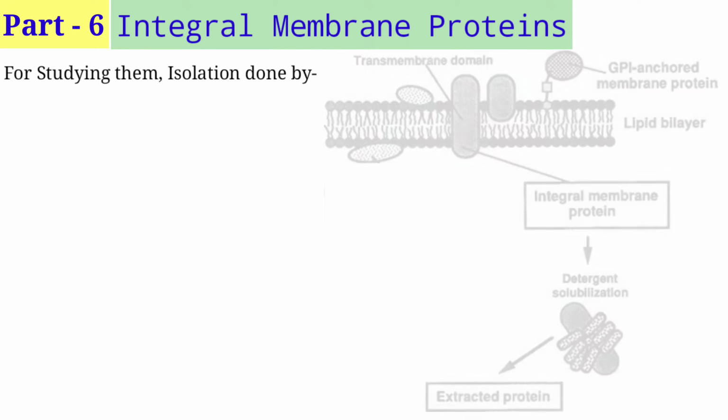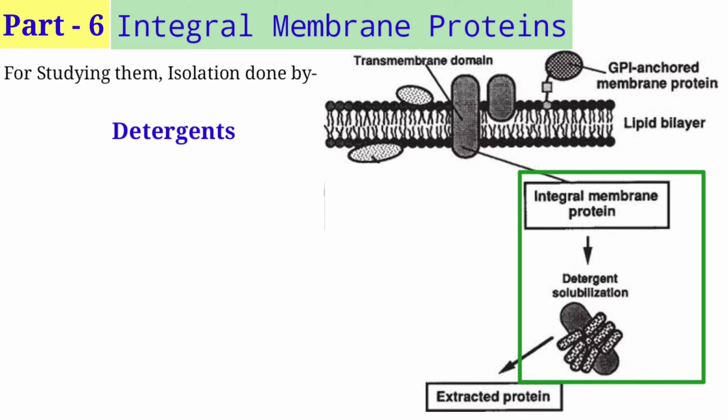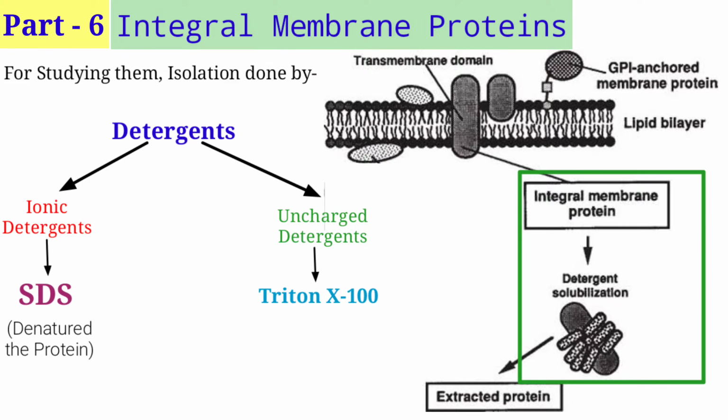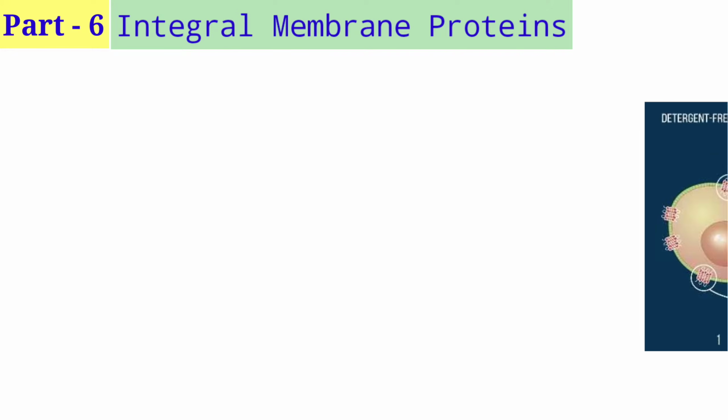For isolation purposes, detergents are useful, such as ionic detergent and uncharged detergent. The example of ionic detergent is SDS, which denatures the protein, but uncharged detergent, for example Triton X100, does not cause any damage to the protein. So the isolation of integral membrane protein is done by these detergents.